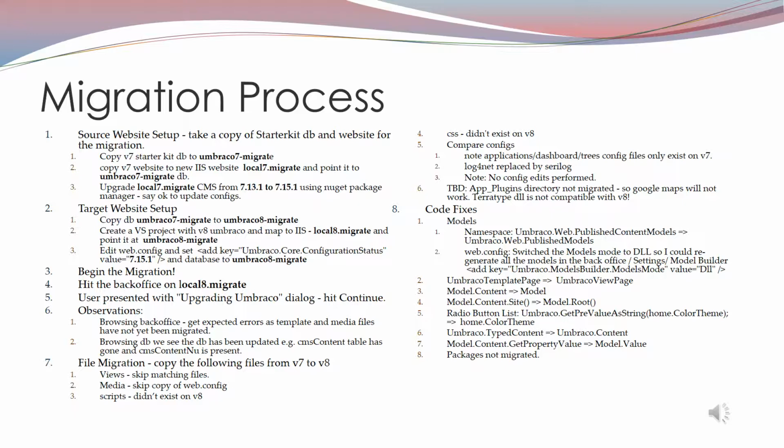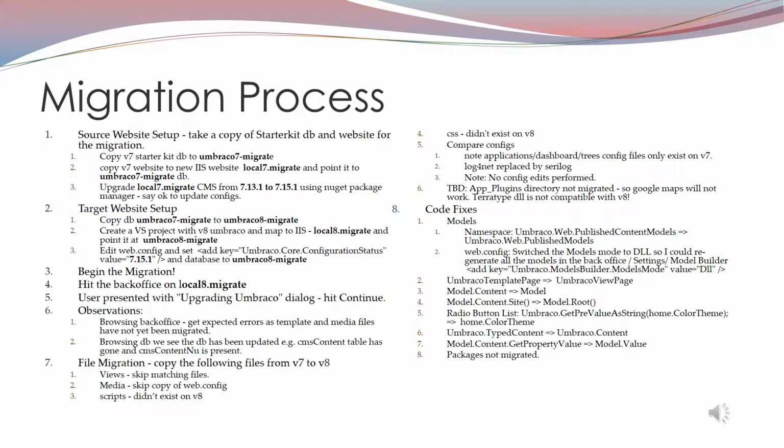Then we create a Visual Studio project that contains version 8 of Umbraco. We map that to an IIS website, in my case local 8 migrate, and point it at the Umbraco 8 migrate database.